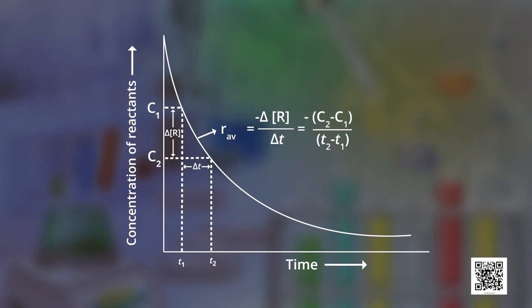Then we can calculate the average rate of reaction by substituting value of change in concentration, that is delta R, and delta t. R average is equal to minus delta concentration of R divided by delta t, equals minus within bracket C2 minus C1 divided by within bracket t2 minus t1.